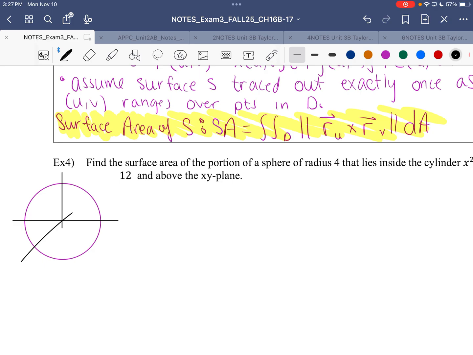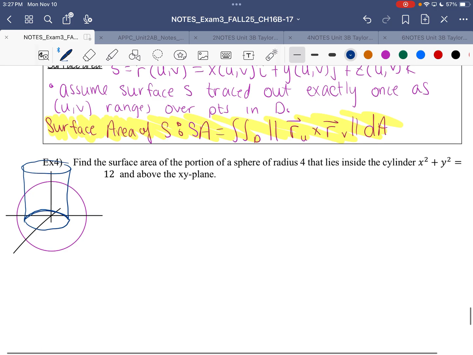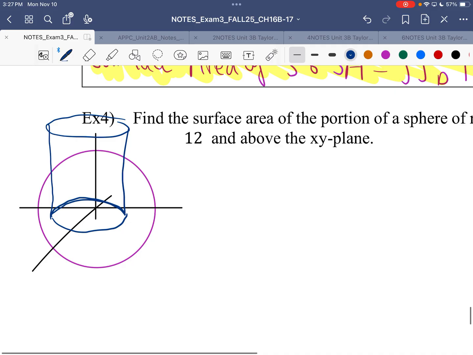All right, and then we got our cylinder. It's stopping on the XY plane. And we are saying the surface area of a sphere that lies inside the cylinder, so the portion inside the cylinder.